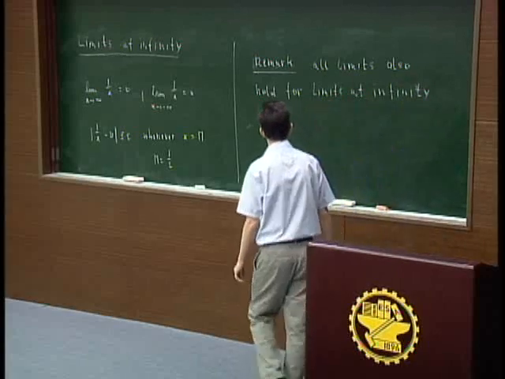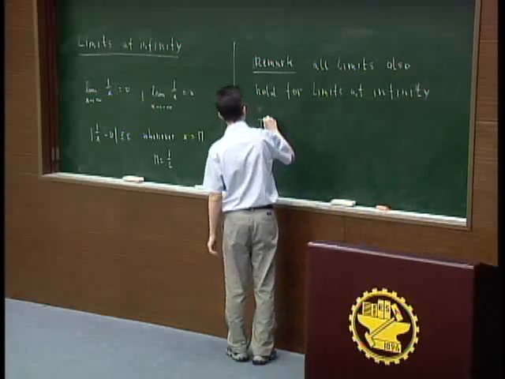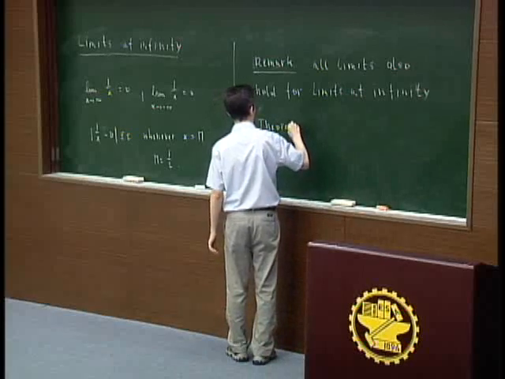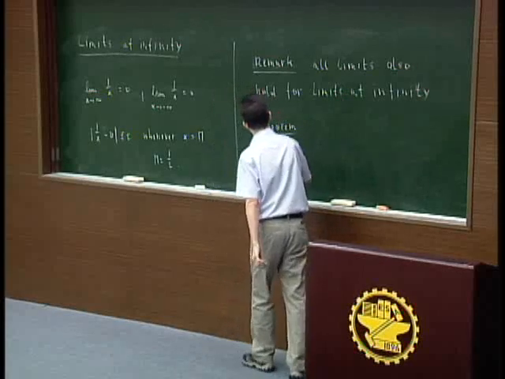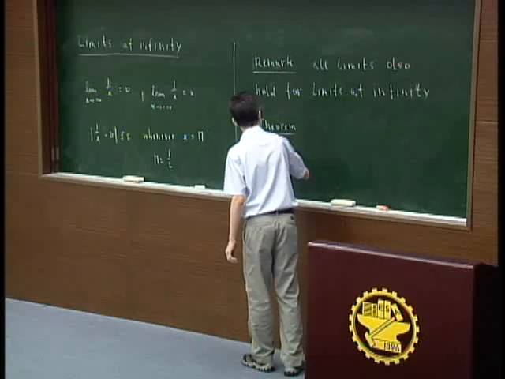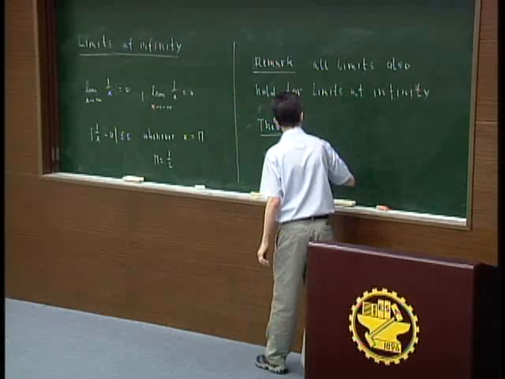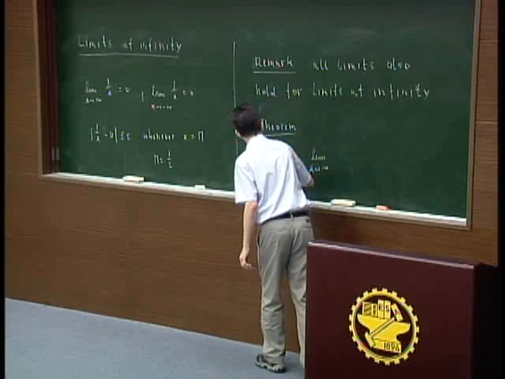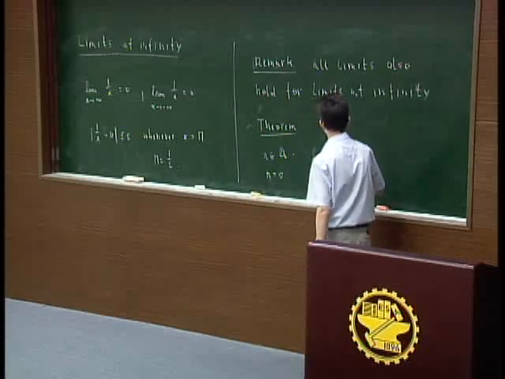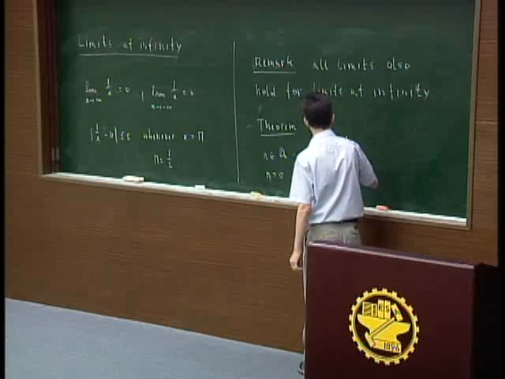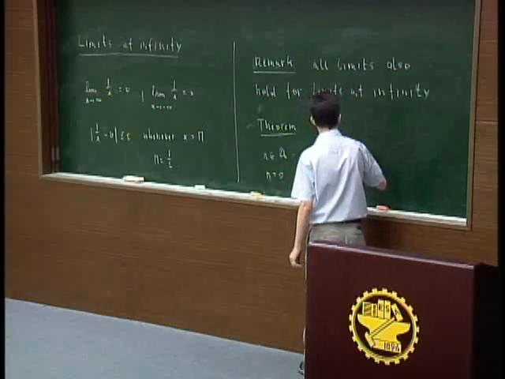Okay, so for instance, you have the following result. Let R be a rational number, R larger than 0, then the limit as x tends to infinity of 1 over x to the R is equal to 0.